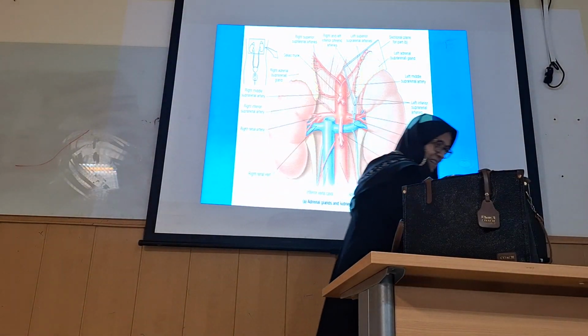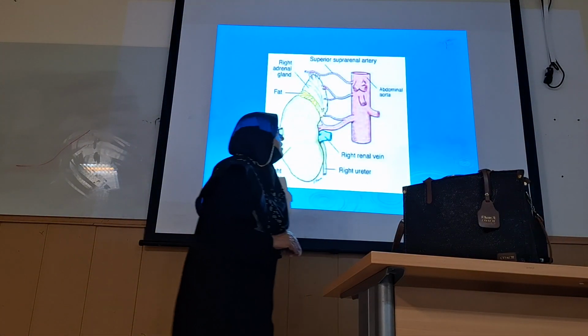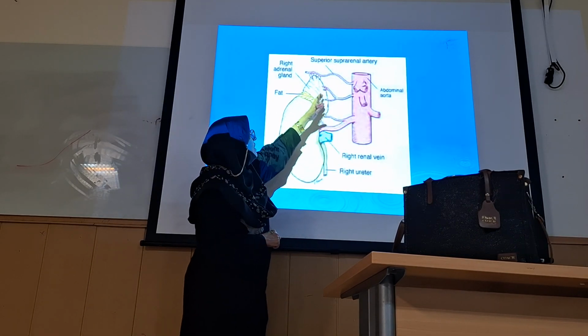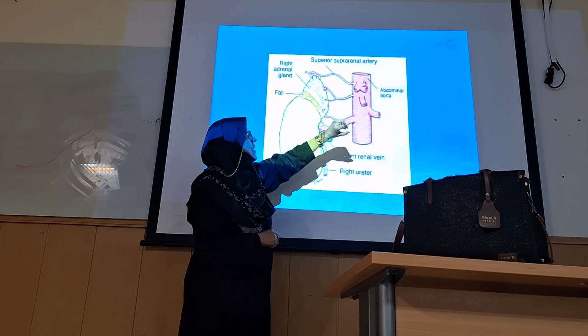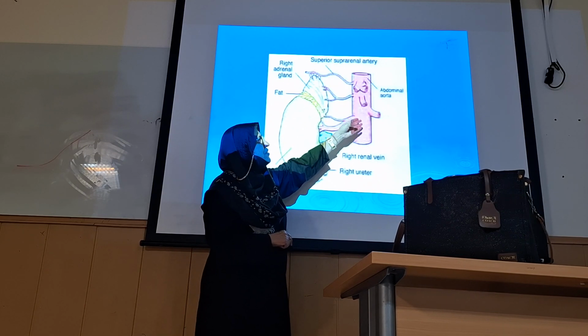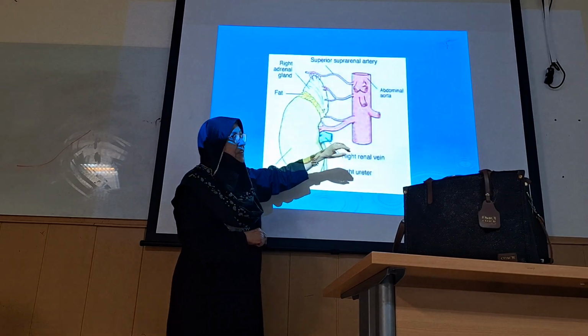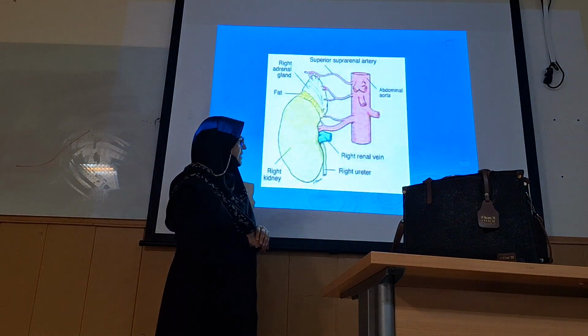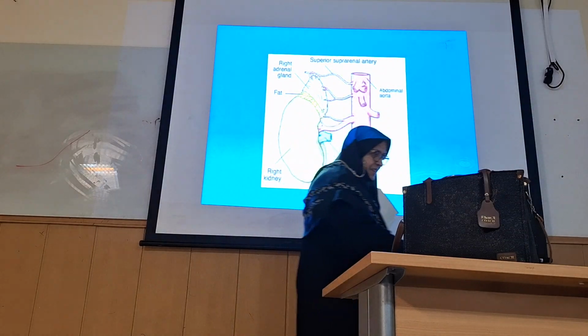In this slide you see the abdominal aorta. The superior suprarenal artery is a branch of the abdominal aorta. These arteries supply the adrenal gland. Okay?